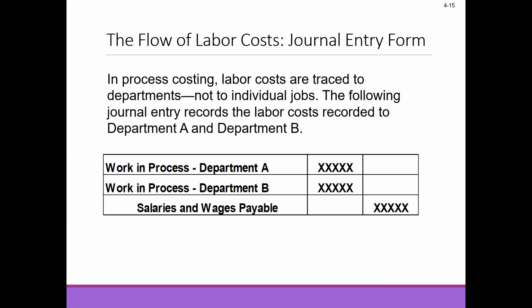In process costing, labor costs get traced again to departments, unlike job order costing, where they get traced to specific jobs. So here's the journal entry to show work in process, Department A, work in process, Department B, and then we credit the salaries and wages payable.